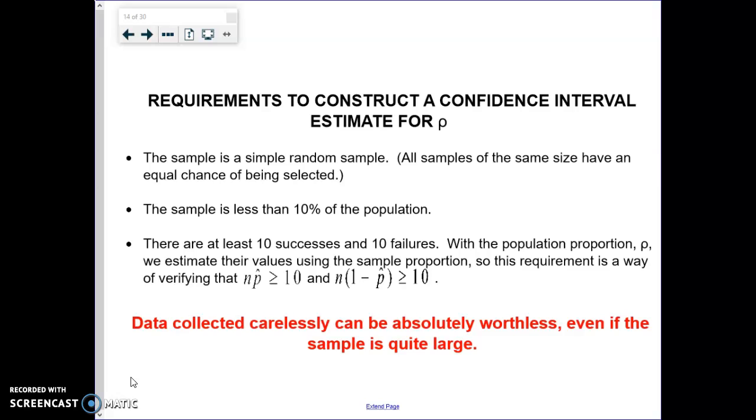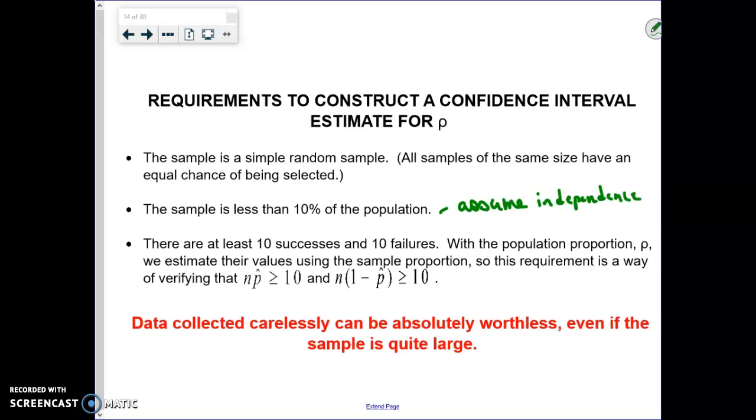That again lets us assume independence, so we can make calculations that are easier based on that independence.